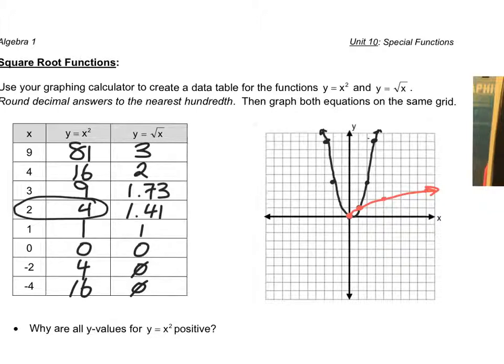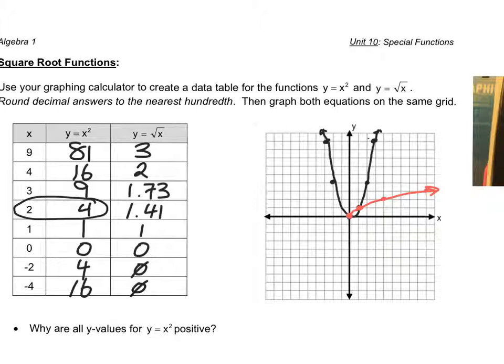If you graph it on your calculator, you'll see that that's essentially what it ends up being. But if you really think about it, this looks like part of the parabola, but on its side. So we have y equals the positive square root of x, but if I had a negative square root of x, I'd have the other half of it going down the other way.